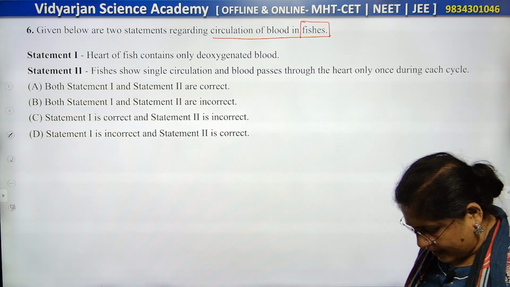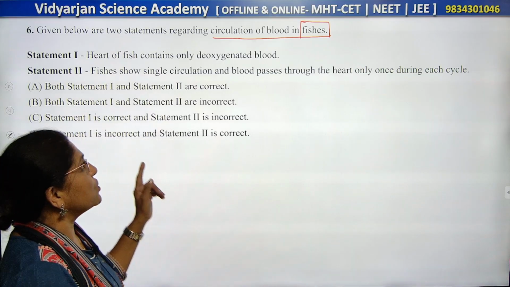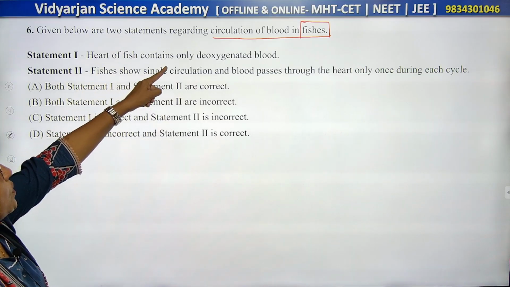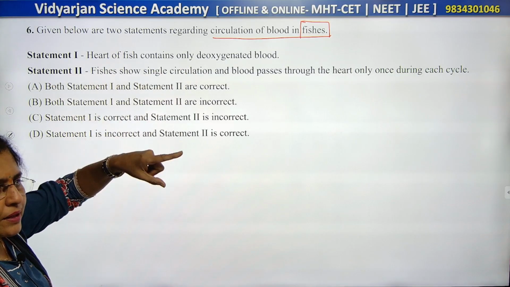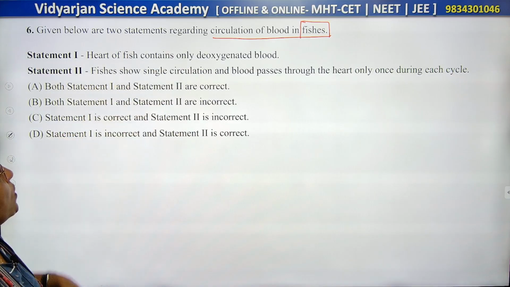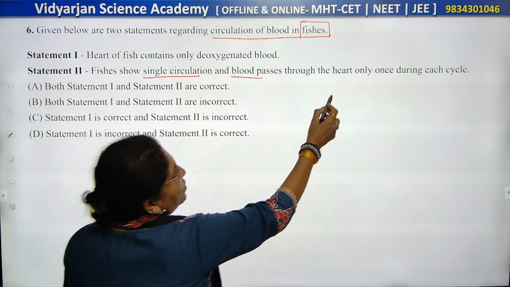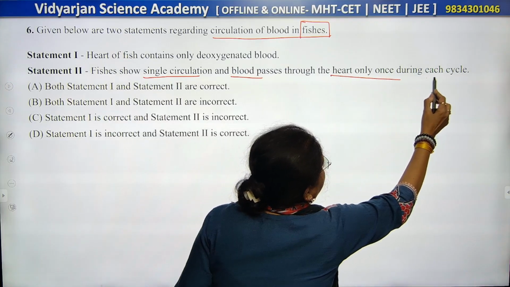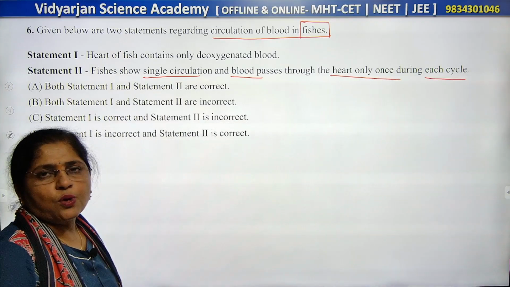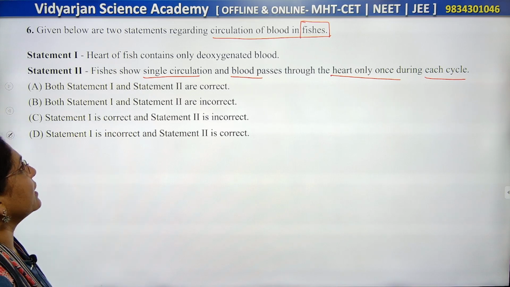Statement number 1: Heart of the fish contains only deoxygenated blood. Statement number 2: Fish show single circulation and blood passes through the heart only once during each cycle. In your textbook, if you have gone through everything word to word and in detail, you can understand these statements perfectly.